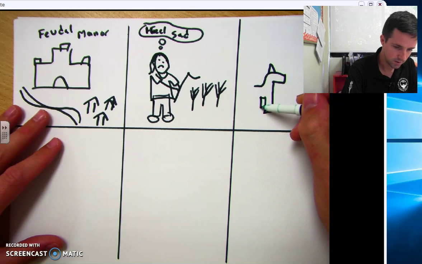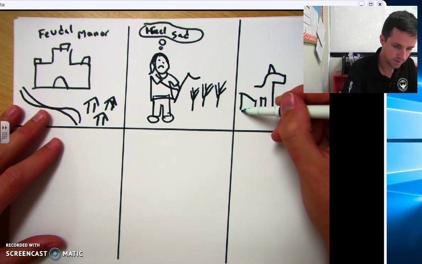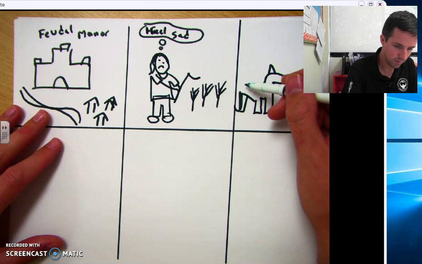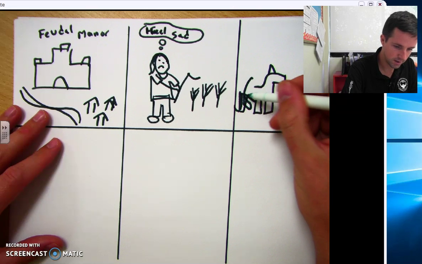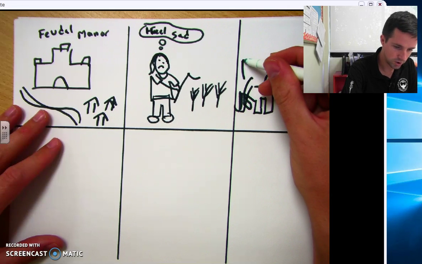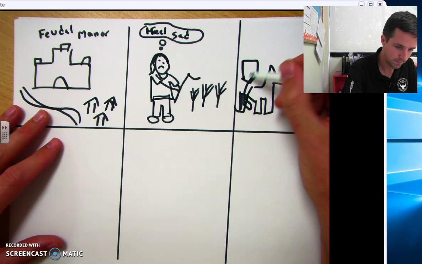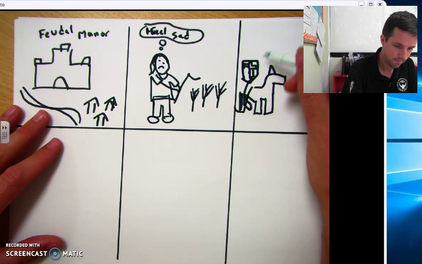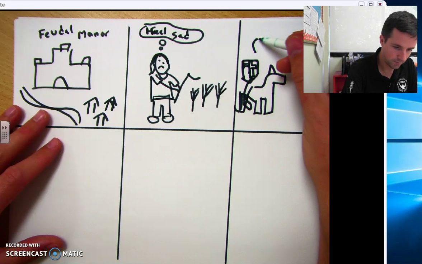Please do not laugh. I know this looks terrible. And we got our knight here with his shield. And we'll put a cross on his shield. We got his helmet.